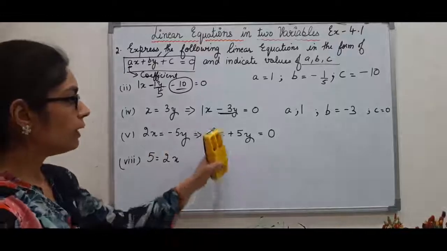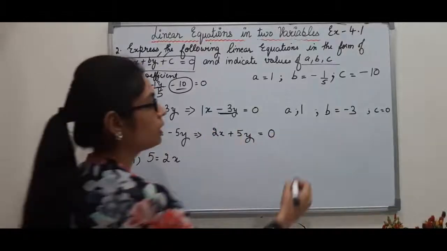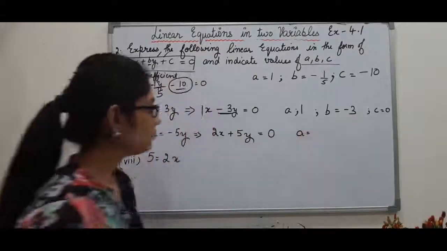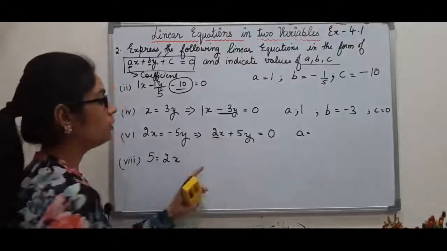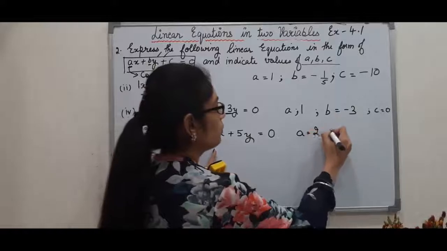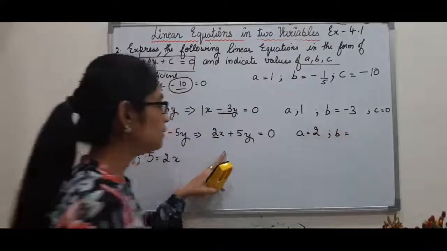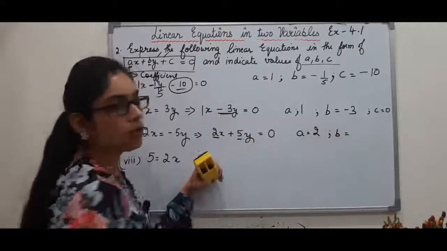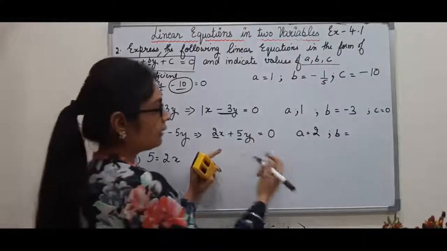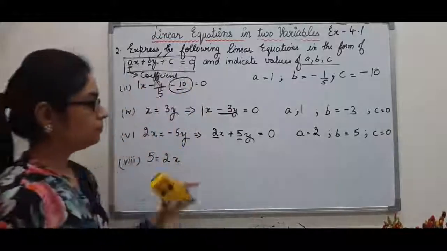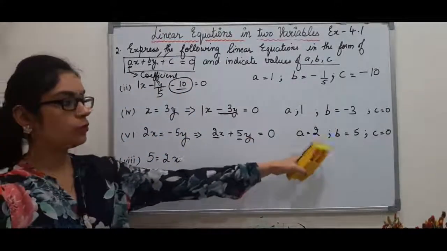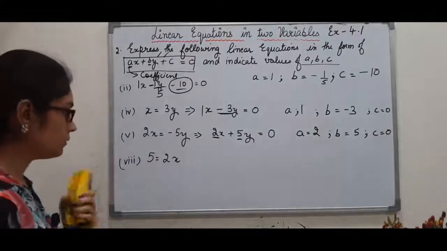So 2x plus 5y is equals to 0. Now a is the coefficient of x, which is 2. b is the coefficient of y, the number written with y, which is 5, and c again is 0. So a is equals to 2, b is equals to 5 and c is equals to 0.